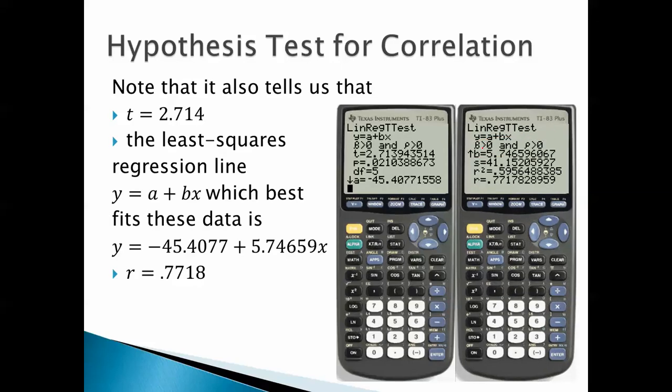It also tells us the least squares regression line y equals a plus bx, which best fits these data, is y equals, a in this case is negative 45.4077, plus b, that's 5.74659x. Again, those are the values a and b. Those are the coefficients for the regression line. And it also tells us that r is 0.7718. We already knew that, though.